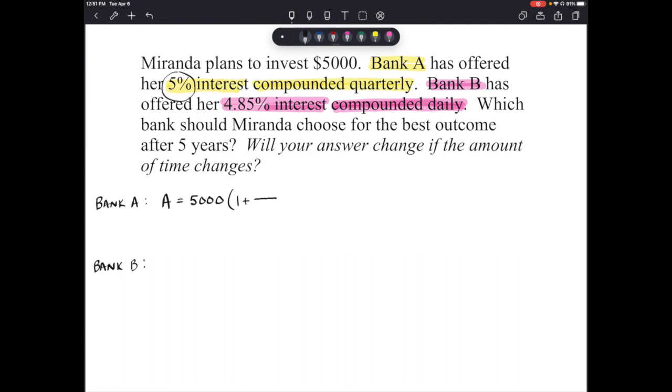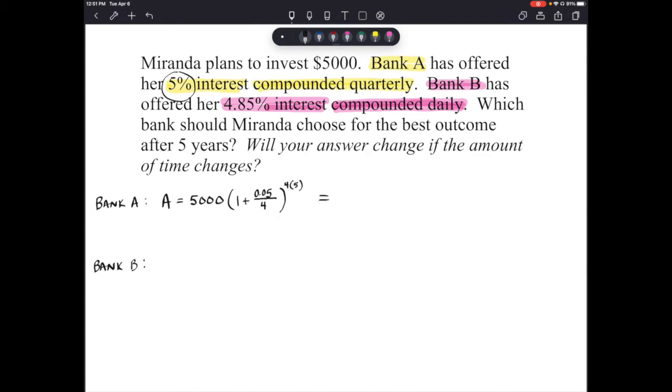Since we're compounding only the interest she's earning, not the 100%, we have to write that as a decimal, so that's 0.05. We're putting that over 4 because it's going to happen 4 times over the course of the year. And since we're breaking it into 4 parts, we multiply that 4 times our 5, because this is going to happen over 5 years.